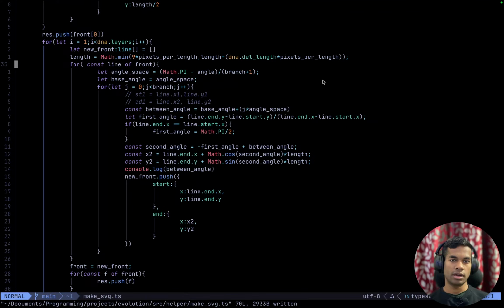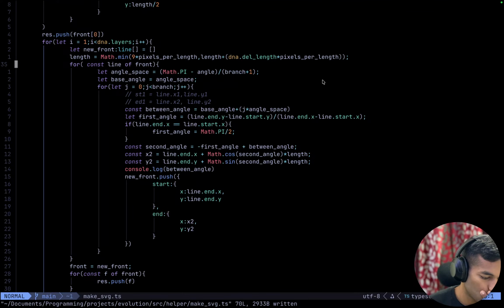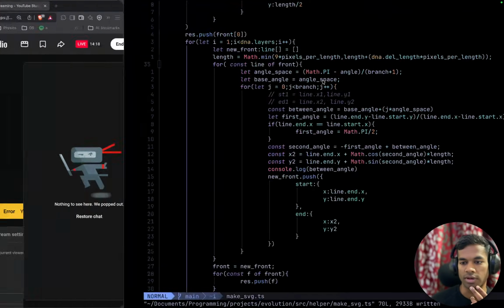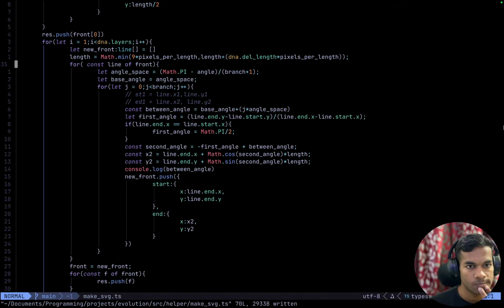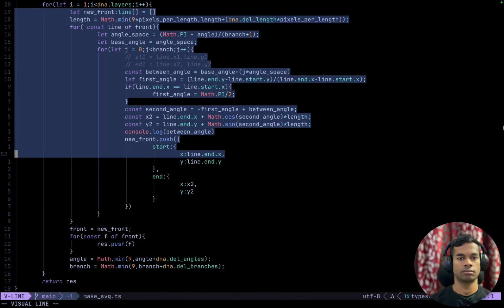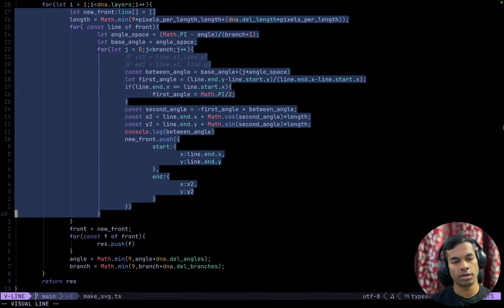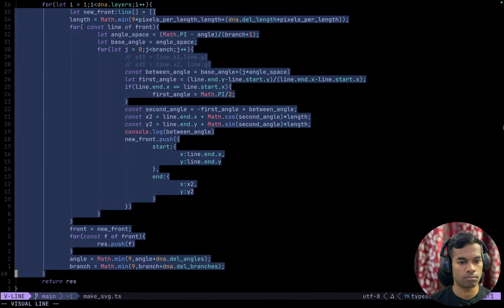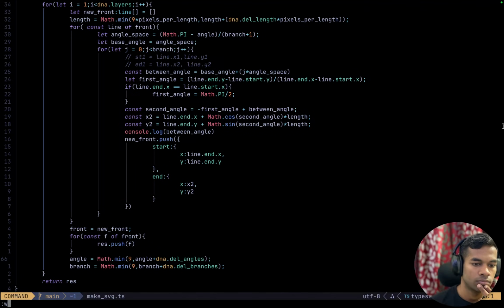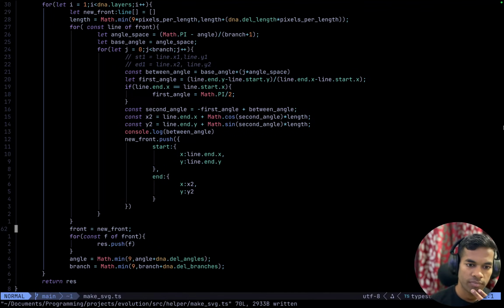We have the front and then the length, DNA, symmetry. We need to add symmetry. New front, which is a list of lines. Front equals new front. Everything else is correct.